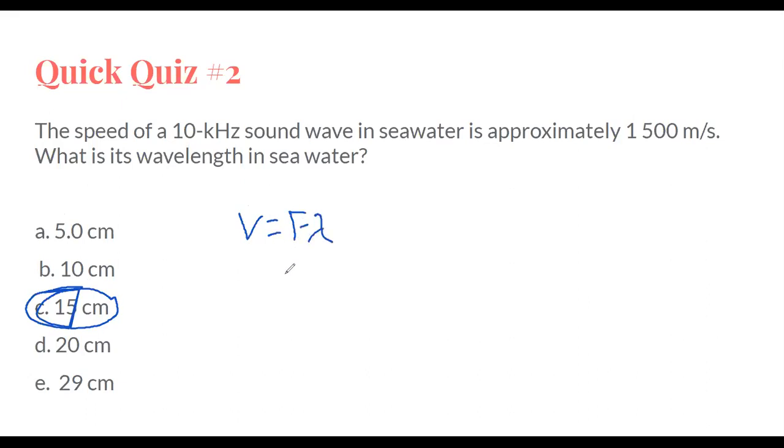As such, we can find the wavelength by doing some quick algebra. And again, you don't even have to pull out your calculator here, because what you have is 1500 divided by 10 kilohertz. And you know that whatever your answer is, there's going to be a 15 or a 1.5 in front. So the only option with that is C.